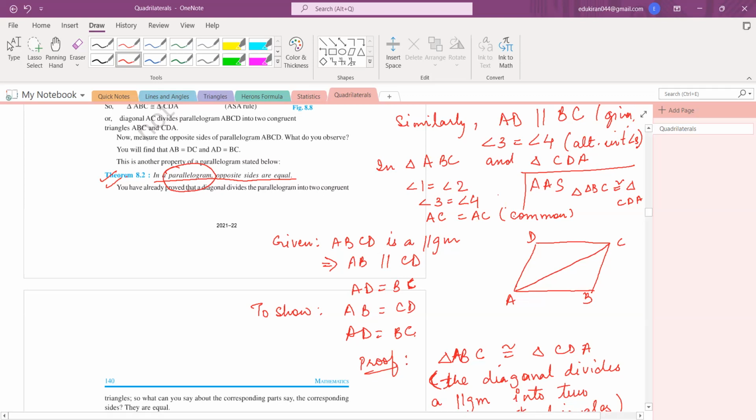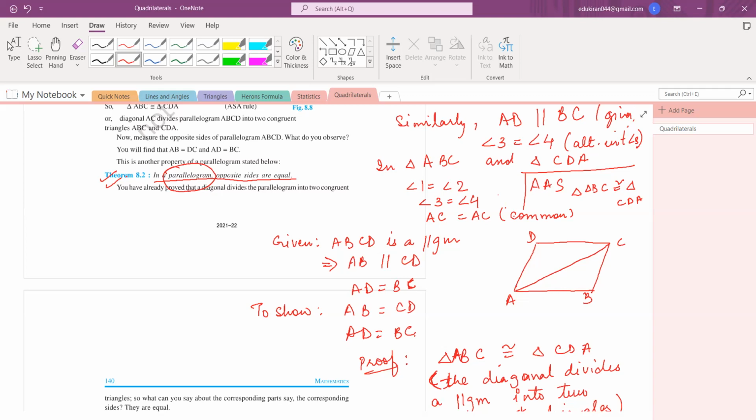And we have to prove that it is a parallelogram. So do you remember the corresponding angle theorem? Yes, ma'am. So there was a corresponding angle theorem and there was a converse of it. In the first case, it was given that the two lines are parallel and therefore the corresponding angles are equal. In the second case, it is given that the corresponding angles are equal and therefore the lines are parallel. Fine.